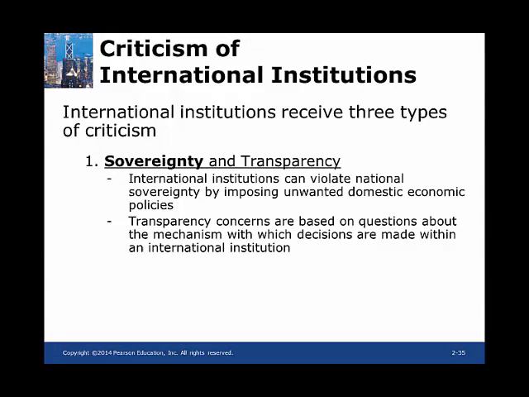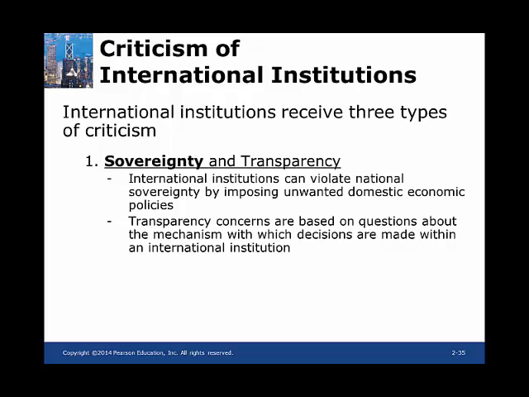Criticism of international institutions. International institutions receive three types of criticism: sovereignty and transparency.